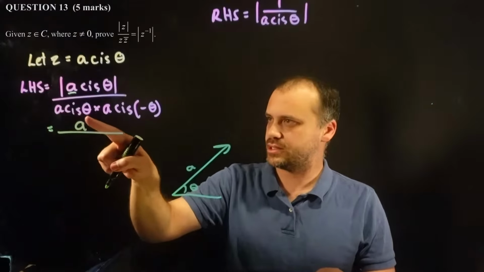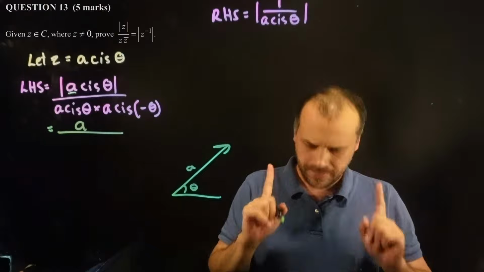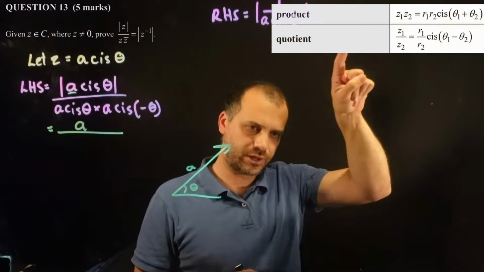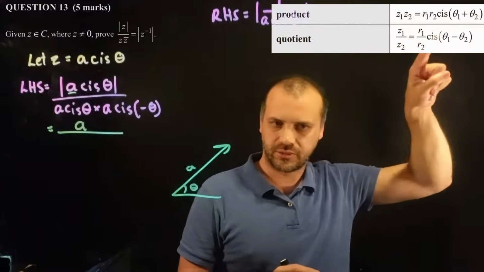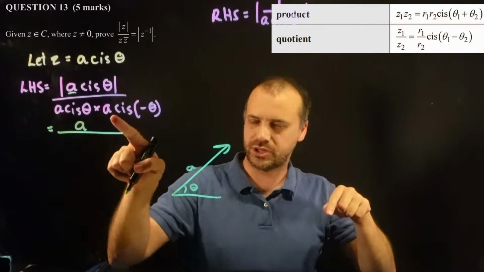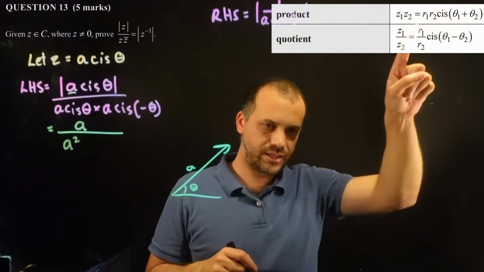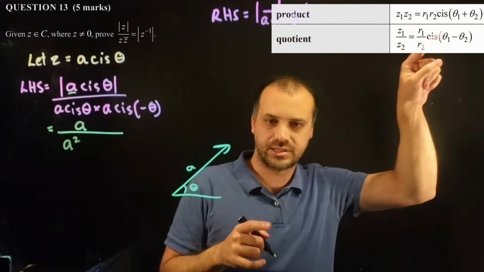Okay, now what's happening here? We've got a cis theta times a cis negative theta. I've got a formula for that. It's sitting on my formula sheet. If I want to find the product of two complex numbers in polar form, it's going to be R1 R2, so the magnitudes multiplied by each other, a times a, which is a squared, and then it's going to be cis theta 1 plus theta 2.